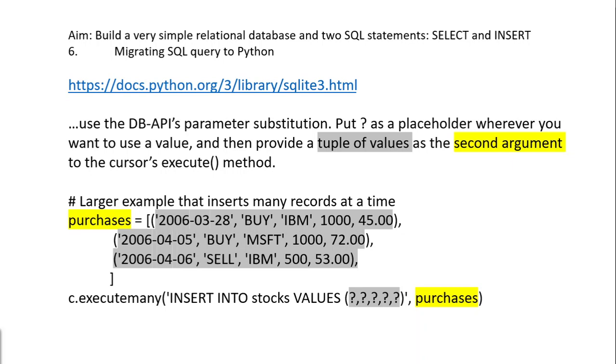After the purchases list has been created, then the executemany method is run against the cursor C. This SQL statement inserts into 3 rows of the stocks table data taken from each of the 3 tuples in the list purchases.